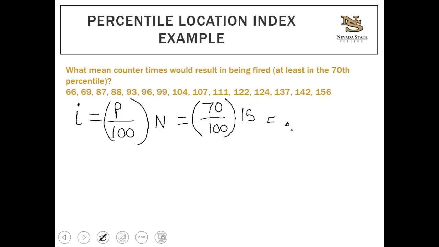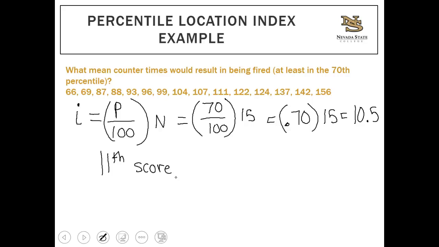So this gives us 0.70 times 15, and that gives us a value of 10.5. Well, 10.5 is not an integer, so we'll round that up. We are looking for the 11th score from the low end, right?